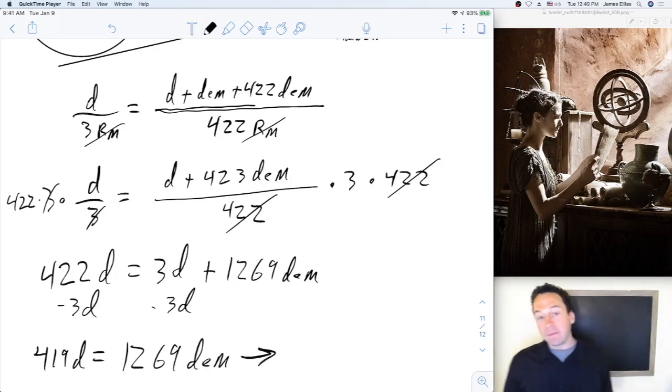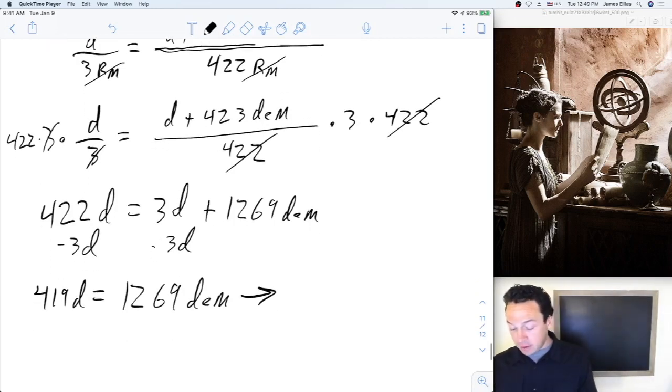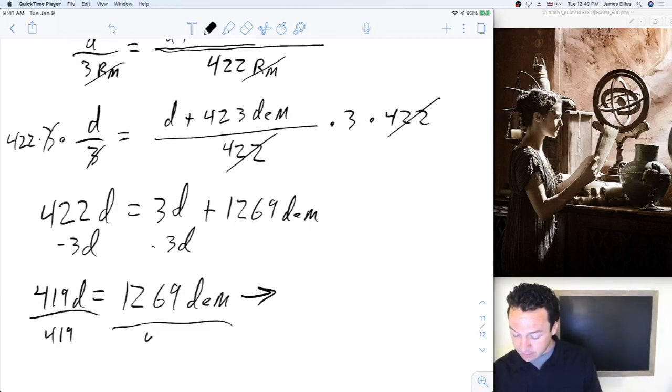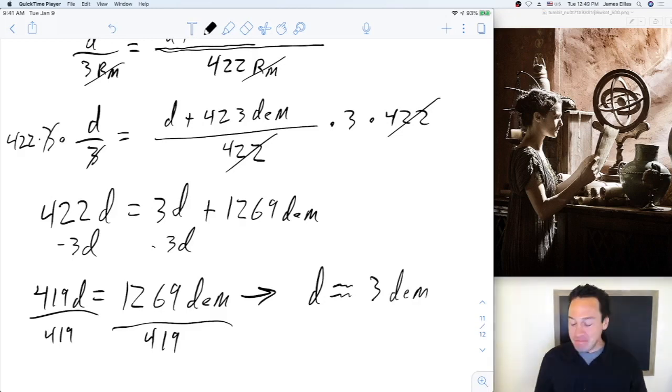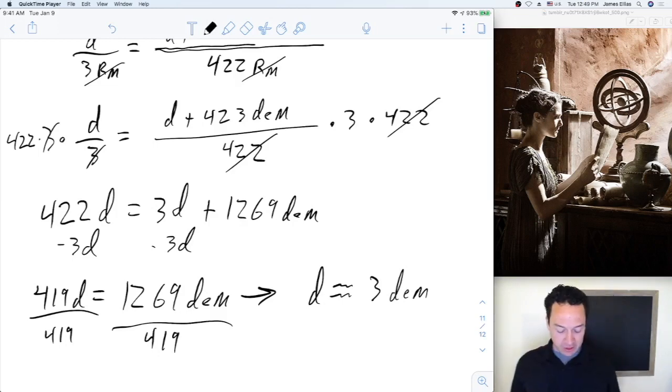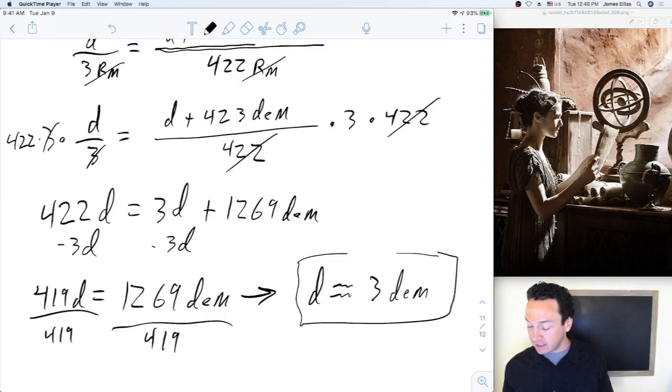Okay, now we're going to divide both sides by 419. And what this leads to is that D is approximately 3 DEM. The numbers come out pretty nice, it turns out. Well, at least I've rigged it so that the numbers come out nice, so we don't have to think about the crazy numbers. But this is what Aristarchus basically did.